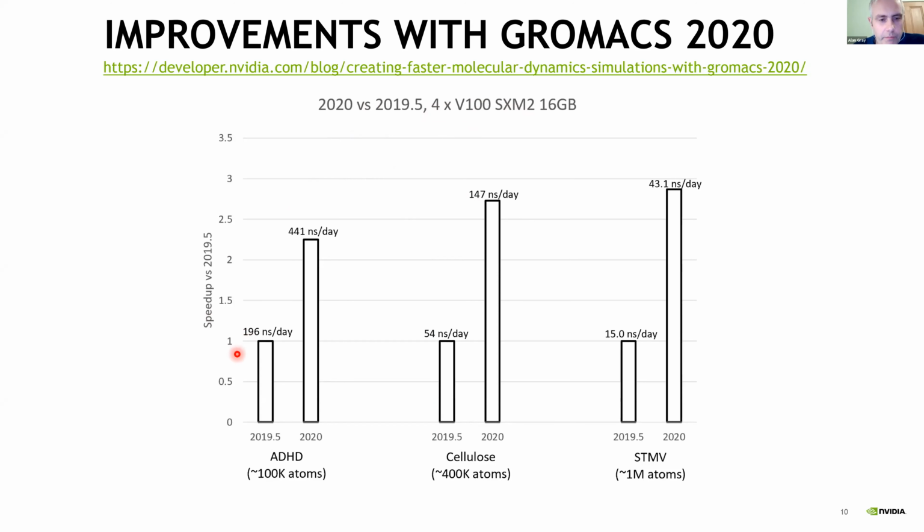And I've set the results to 1 for the previous version. So the 2020 results show the speed up that we're getting with these optimizations switched on, essentially.